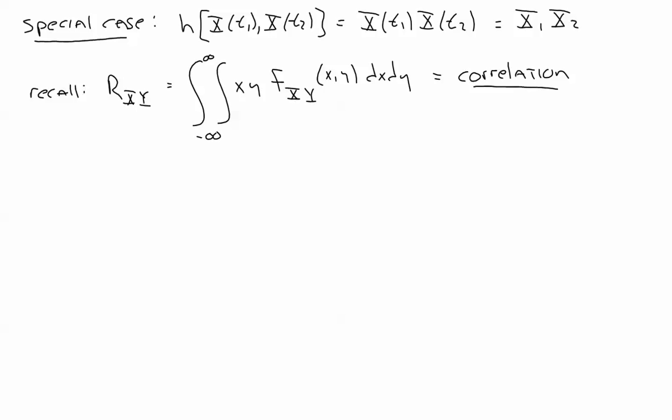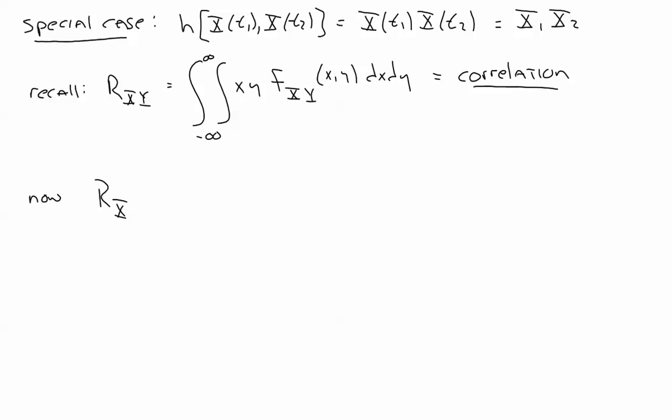We didn't develop that in too much detail. We used correlation to calculate the correlation coefficient, and we talked quite a bit about the correlation coefficient. We're going to extend the concept of correlation now to random processes, and we're going to develop that concept fairly completely. So now we're going to have a correlation term.